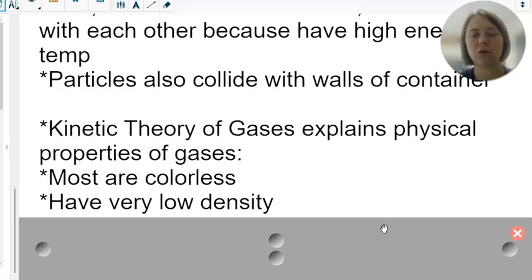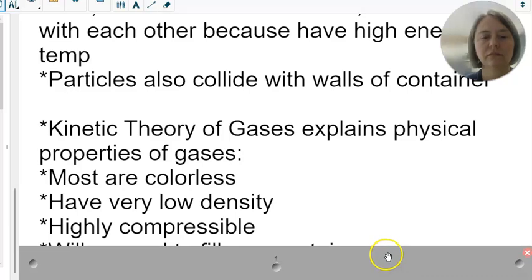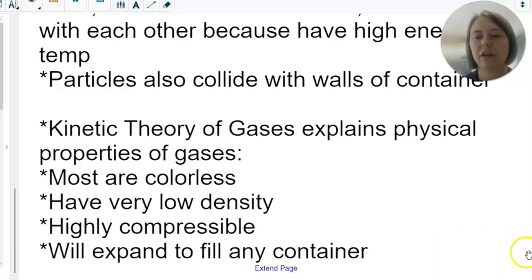So most of them don't have a color. They are highly compressible. Since they have low density and the particles are very far apart, you can bring them together and have compressed air. And also, they will expand to fill any container. If you give them space, they spread out as far as they can.